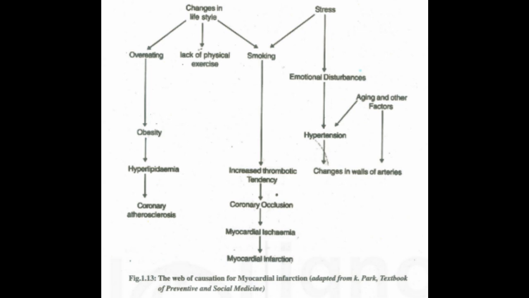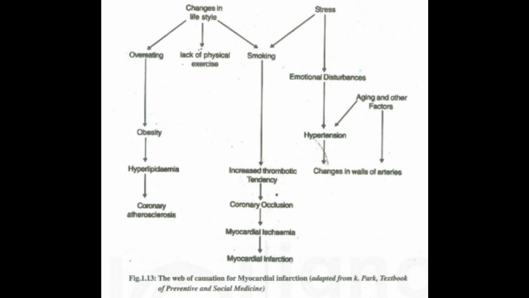1.3.3 Web of disease causation. The model shown in Fig. 1.13 is ideally suited to study the chronic disease, where the specific disease agent, causative organism, is not known, but disease occurs due to interaction of multiple factors related to lifestyle, human behavior, and environmental conditions.